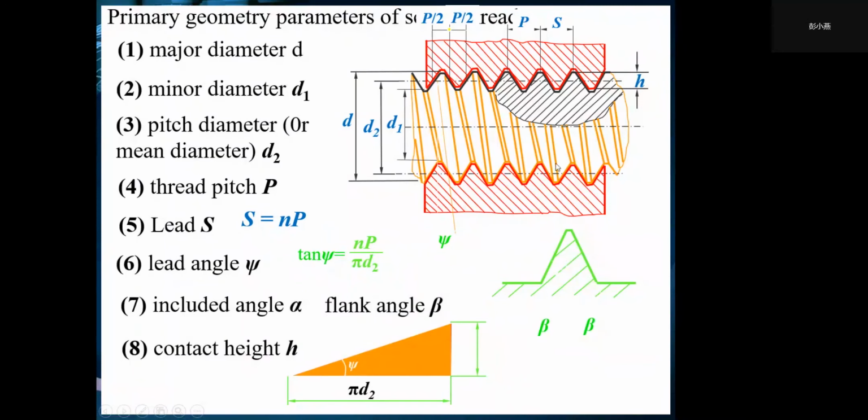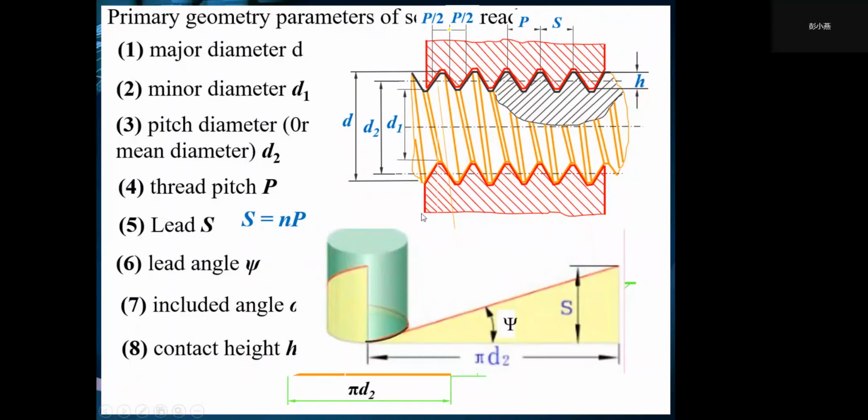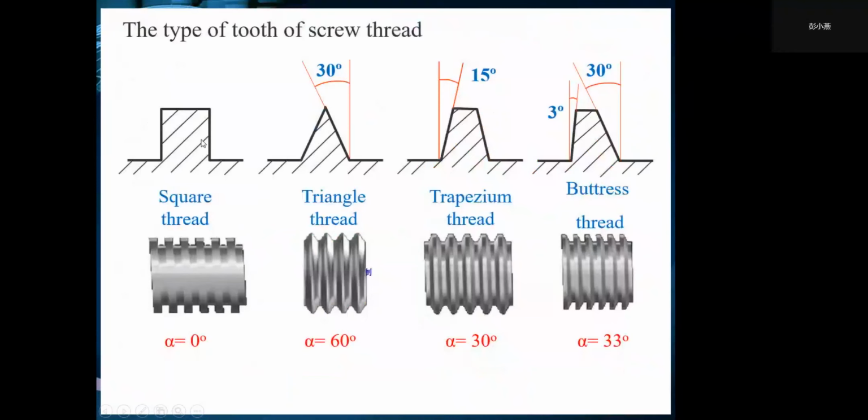So these are the parameters. And we know the types of tooth profiles of screw thread. According to the tooth profile, it can be divided into square thread, triangle thread, trapezium thread, and buttress thread.